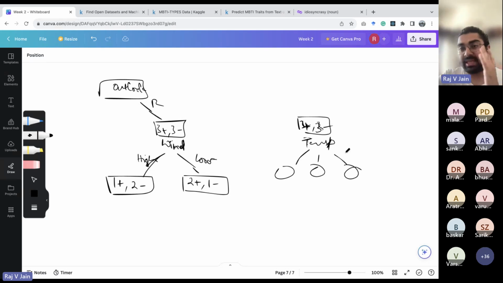The idea is you want to get to the shortest tree as fast as possible, and because we're taking greedy decisions at each node, it doesn't matter if I use wind or temperature. You can choose any one and move ahead. Okay, thanks. Any other questions?